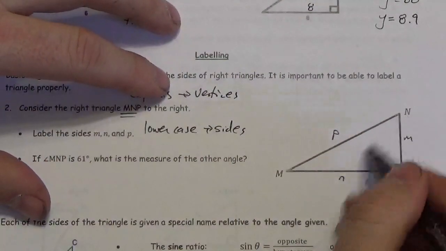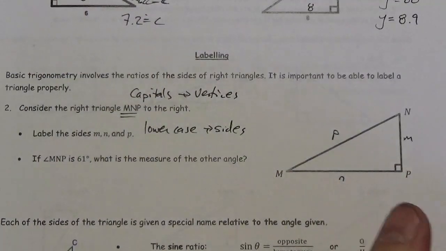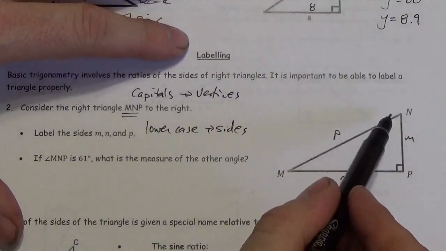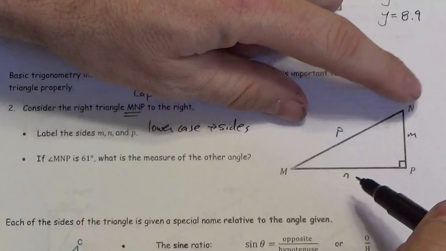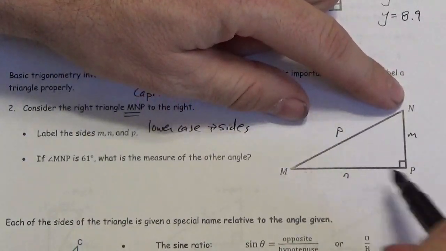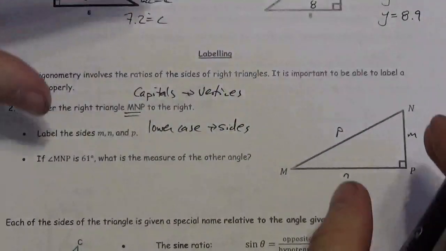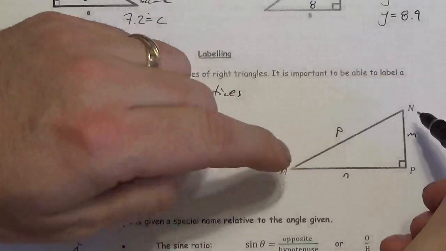If we all agree that it's just going to be the opposite side, it's really easy to identify, and it just makes more sense. Additionally, the larger this angle is, the larger this side is. So there's a nice relationship between that angle and that side, right? The smaller that angle is, the smaller this opposite side is. So there is a nice built-in relationship there that we're making use of when we do our labeling.